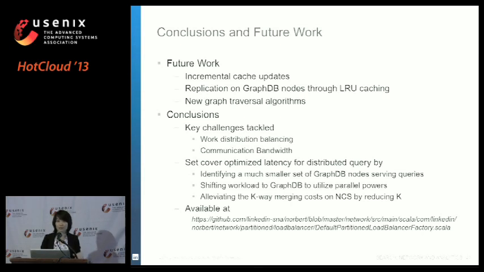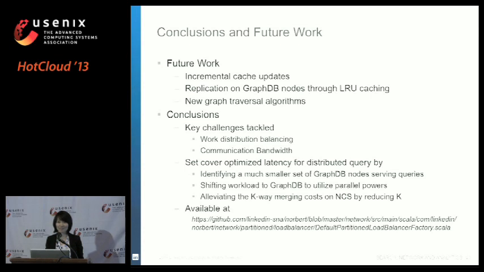And if it's done reactively, a 6-degree connection would take a long time. Right now at LinkedIn, we only support up to 3-degree queries, so we don't do 6-degree.